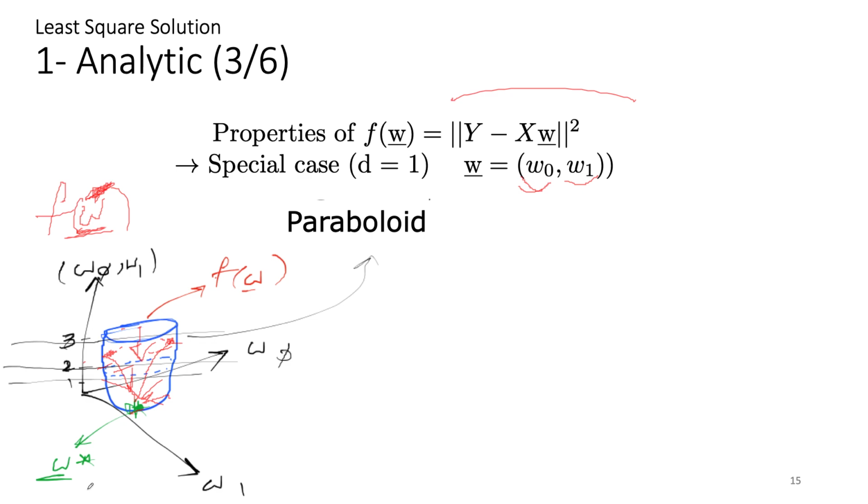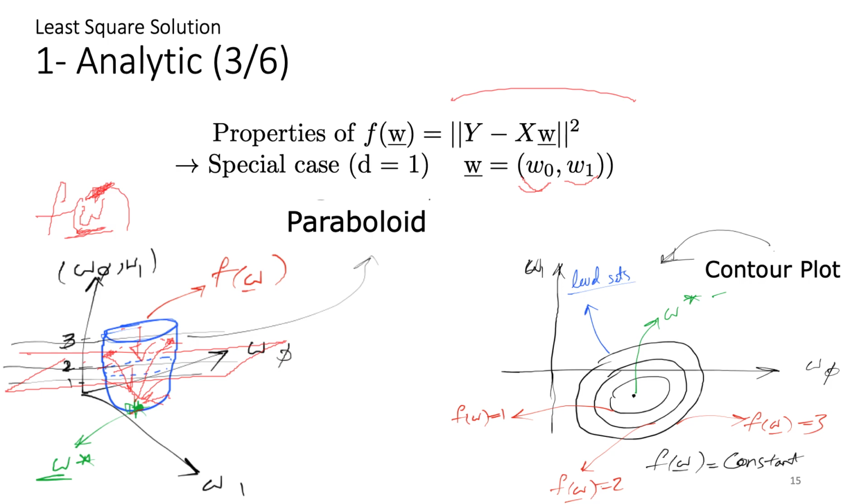So now if we slice it this way, like the one that I dashed here, say there was a slicer and I slice it right here, and I look at it from the top, it's as if I'm lowering the dimension to two dimensions. That paraboloid becomes a contour. We call that a contour, and the plot that shows it is called a contour plot.